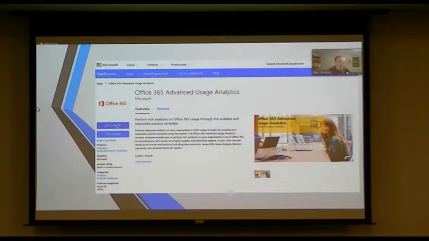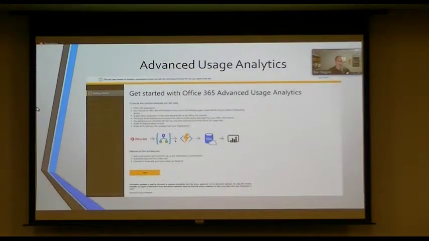If you want to go older than 90 days, or look over a longer period of time, you're out of luck. It makes sense. Microsoft's not going to keep storing your data forever. So they came out with the Office 365 Advanced Usage Analytics, where they tie a bunch of Azure services together and actually let you pull that data out of Office 365 into your own Azure services.